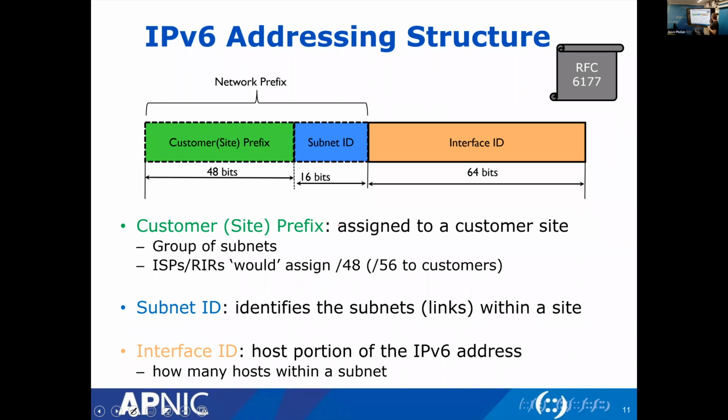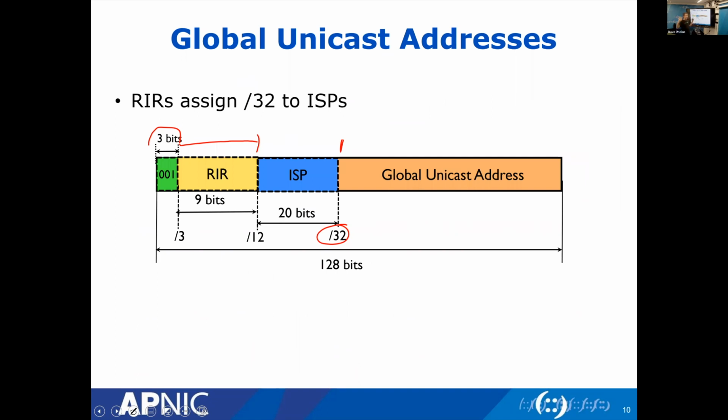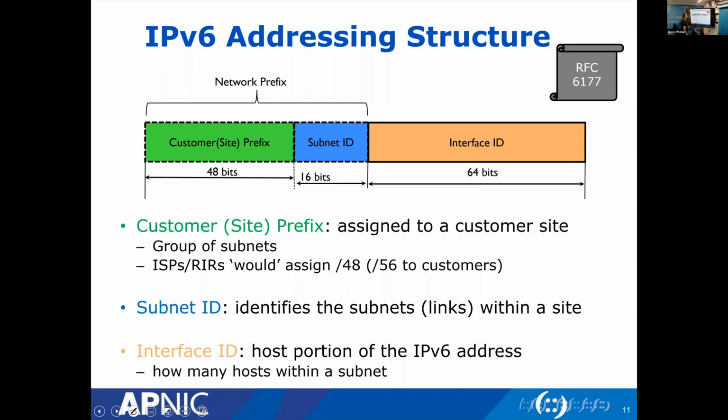So that's looking at it from a global scale. If I look at it from a customer perspective, I may well have been given a /48 from my ISP or my upstream.